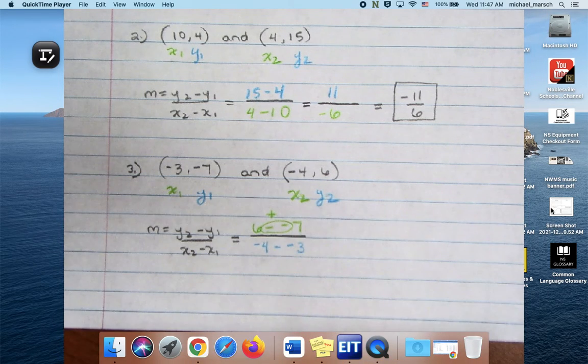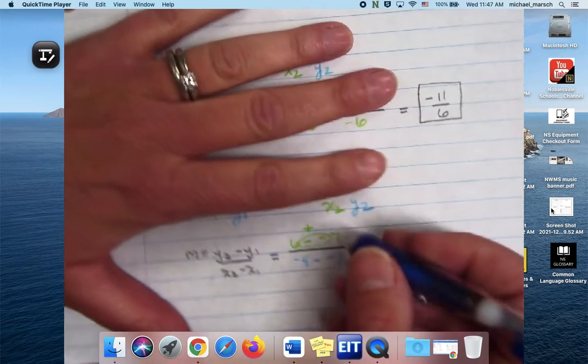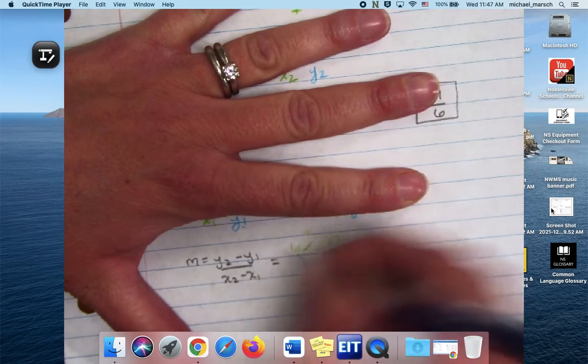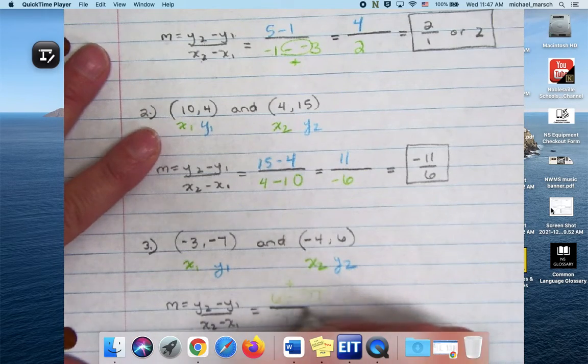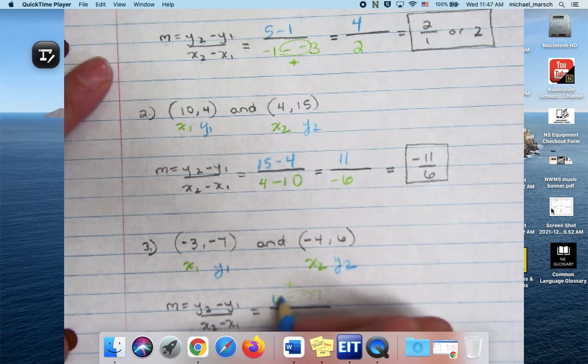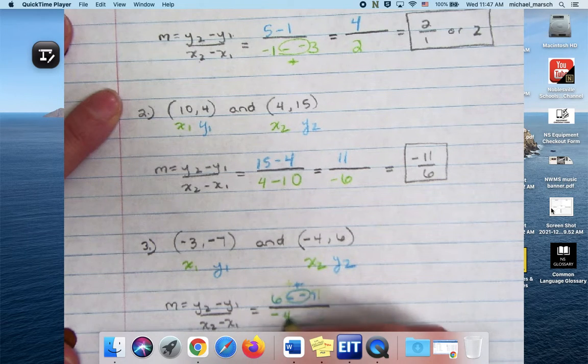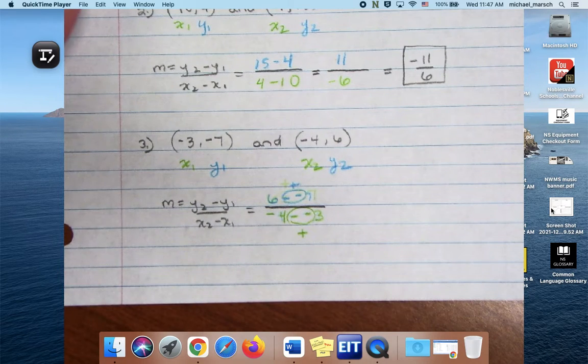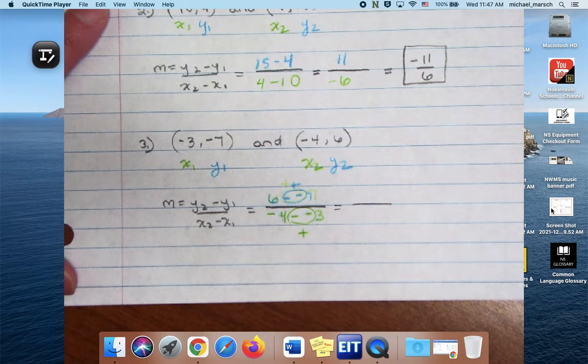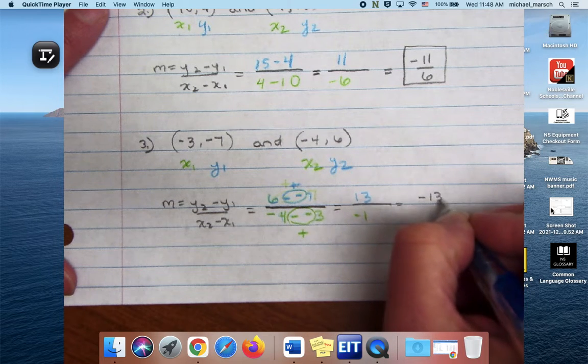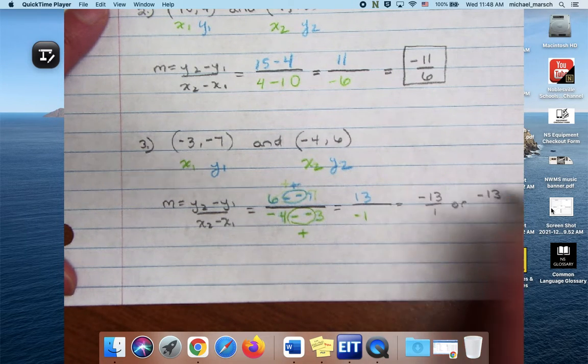Oh, I did the colors wrong. Try this again. There we go. Now they're the right color, albeit a little bit fuzzy. So then we get 13 over -1, which could be -13 over 1 or -13.